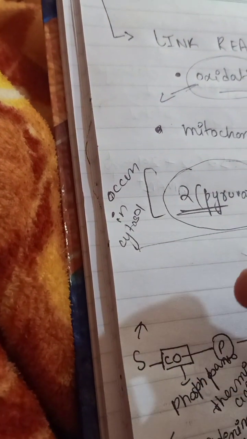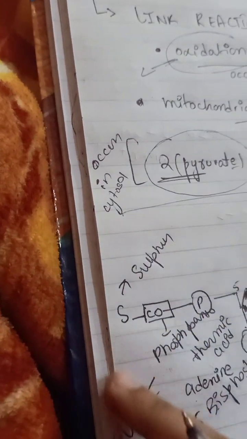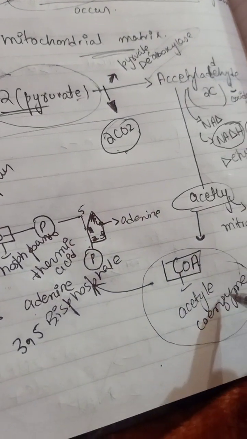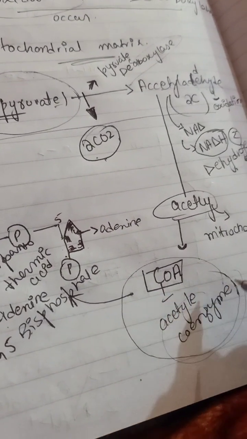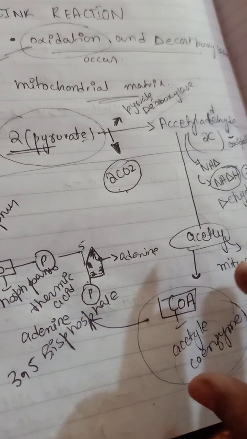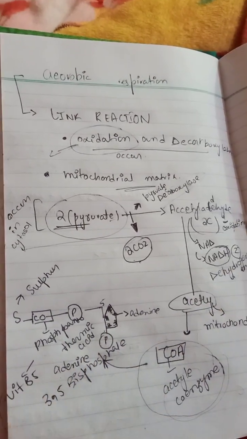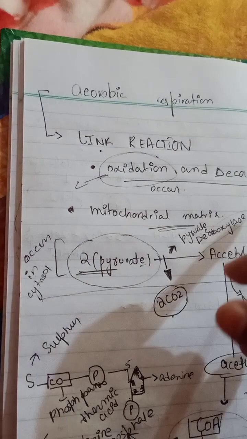This is the reactive part, the sulfur. So this was the structure of acetyl coenzyme A. The final product is acetyl coenzyme A, which will be used in the Krebs cycle. Then I will tell you what it actually is through that cycle, so you can easily understand. So this was about the link reaction that we discussed today.